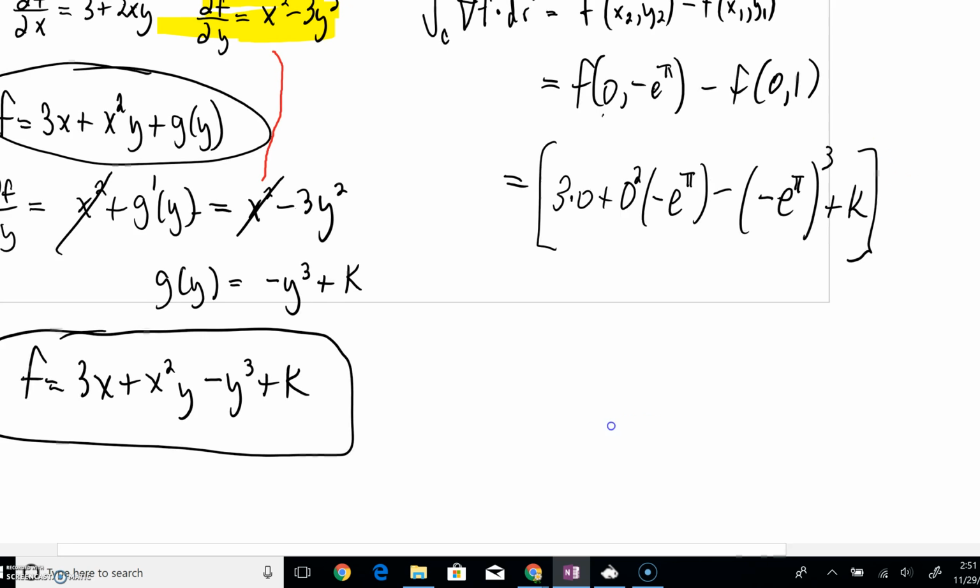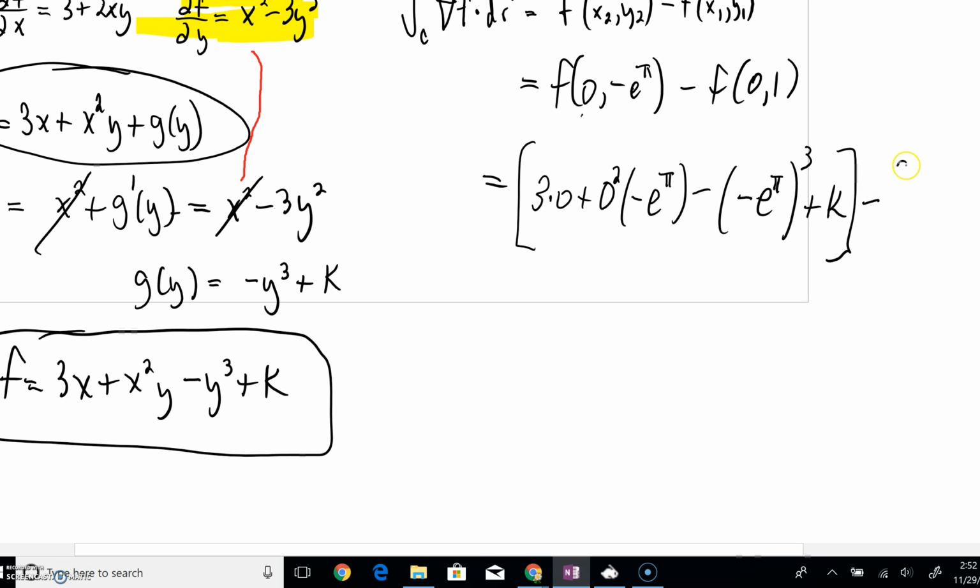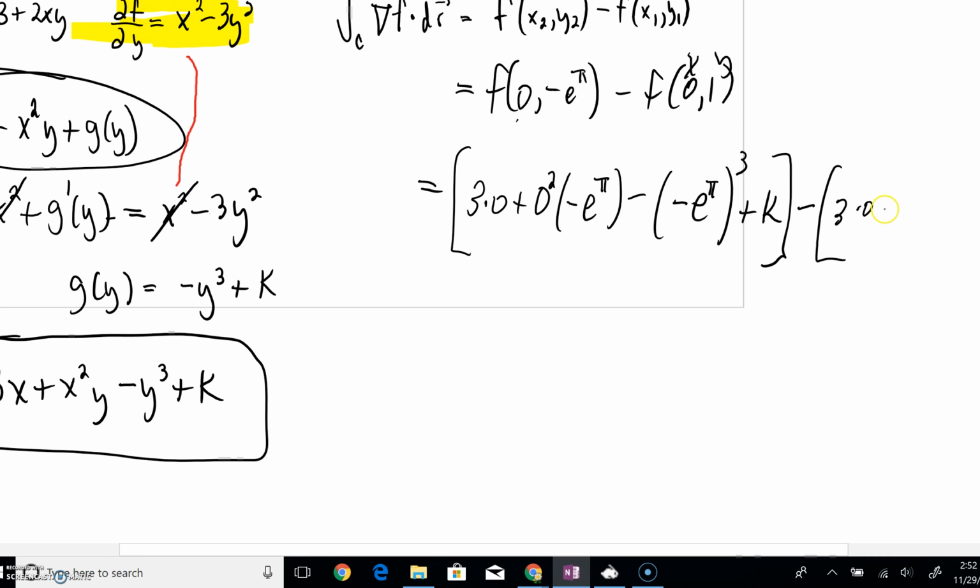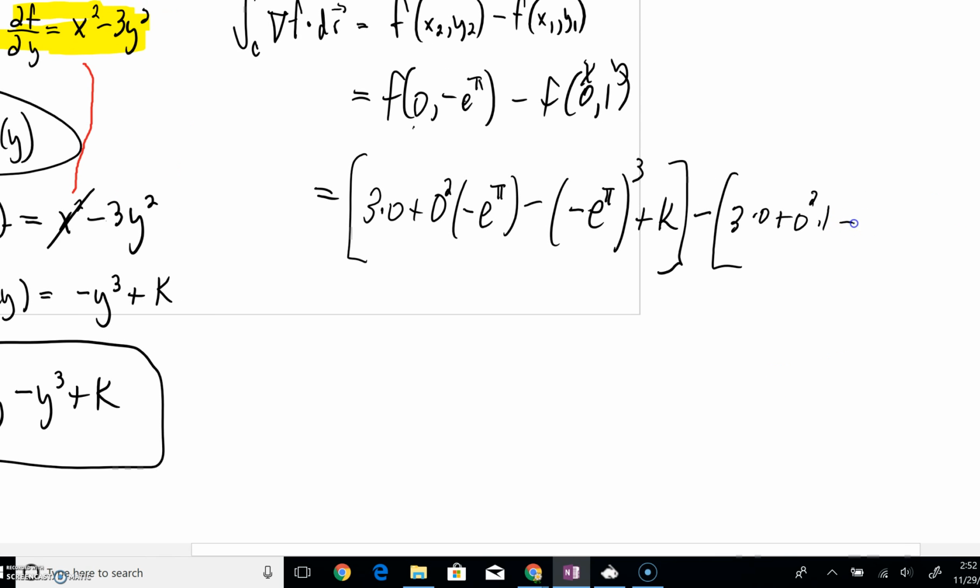Then we're going to have to plug in our 0, 1. And when we do that, we'll get 3 times 0 plus 0 squared times 1 minus 1 cubed plus k. It only takes a moment to realize that anything multiplied by a 0 is going to wipe out.